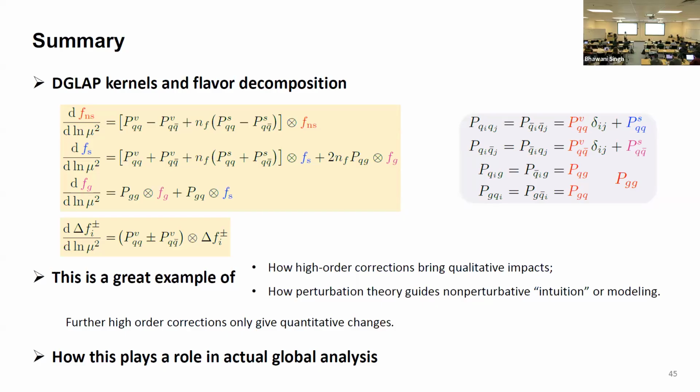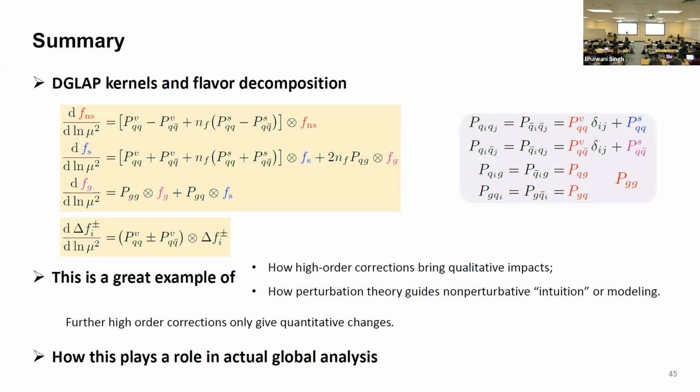This is very non-trivial because it's a great example of how the high order corrections bring qualitative changes to the leading order or low order predictions. And this occurred because some of the kernels are 0 at the leading order. And those are 0 just by accidental symmetries, not by real symmetries. So high order corrections generally break them.